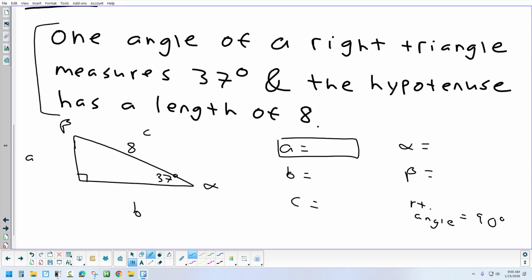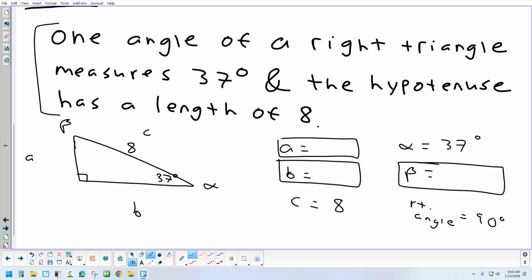B is something I need to find. And C was given. Okay. Alpha was given. And beta, I need to find. So when we're done, we're looking for those 3 answers. And if it's a short answer kind of question, you get 1 point for each one you get right. So you could get partial credit.